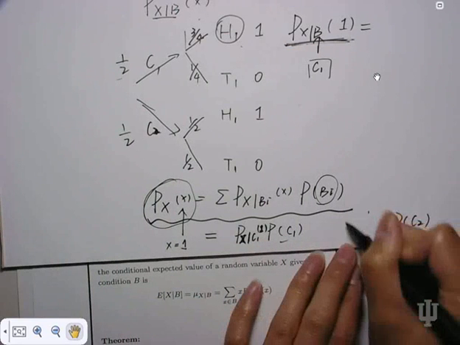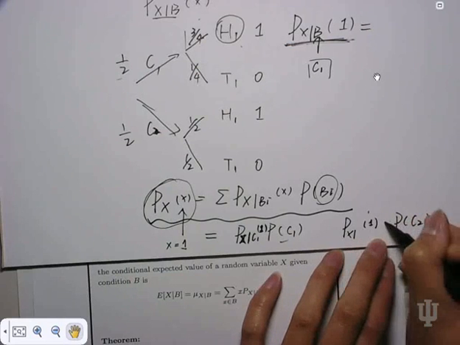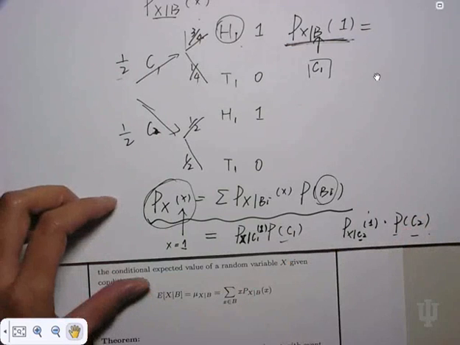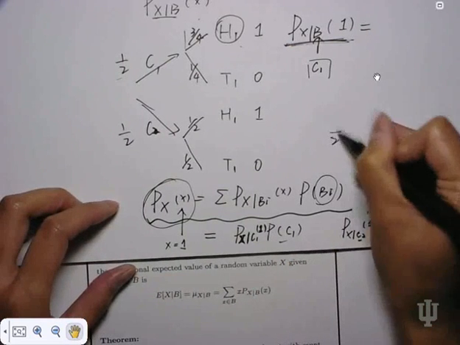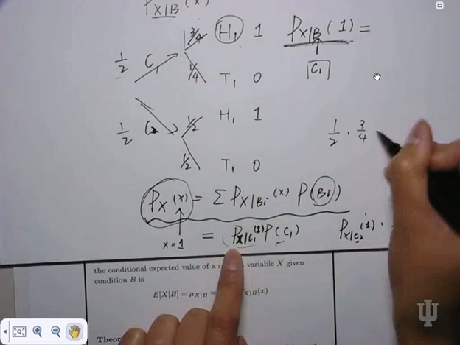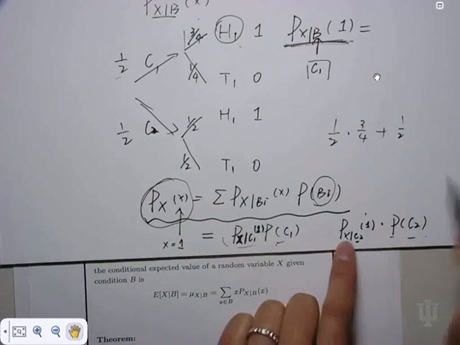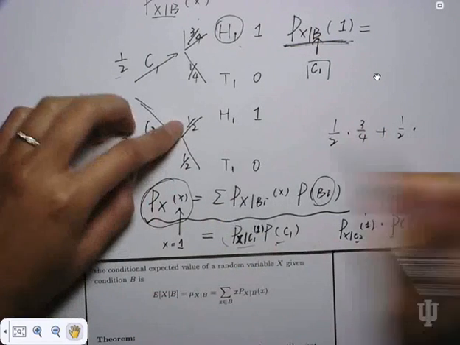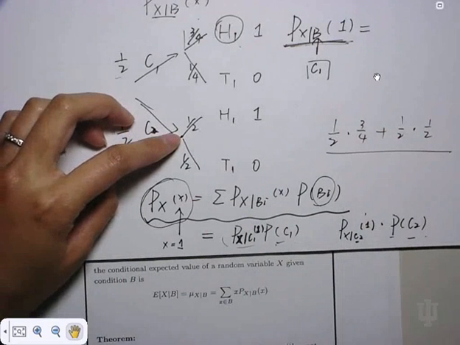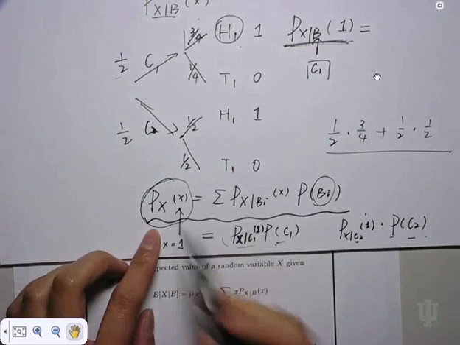This part is the same, little x takes on value 1, but you are using C2. So those will be 1/2 here times conditional probability 3/4, plus 1/2 here, the other branch, times the conditional probability of getting a head using C2. So that is the total probability to get a head, right?